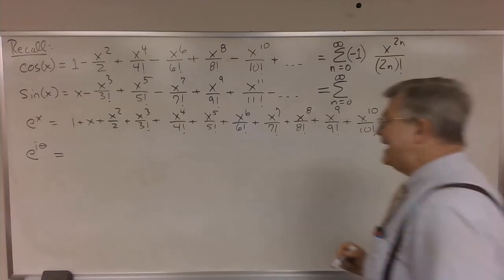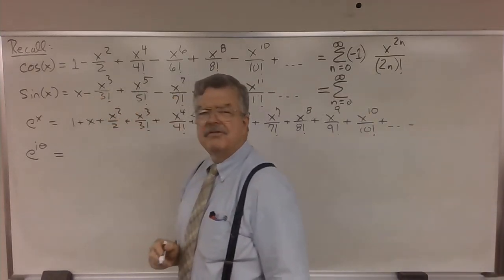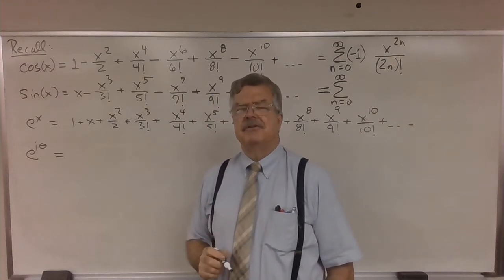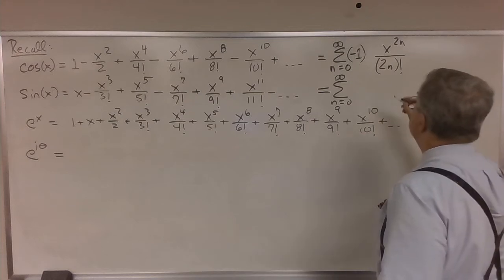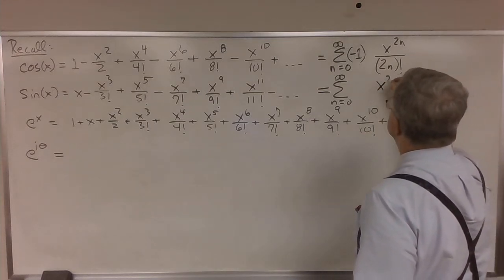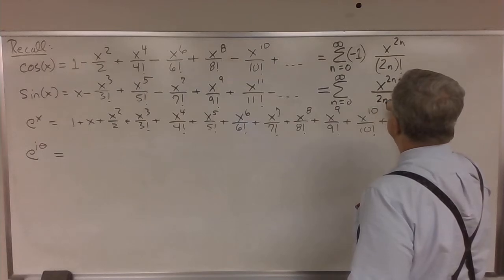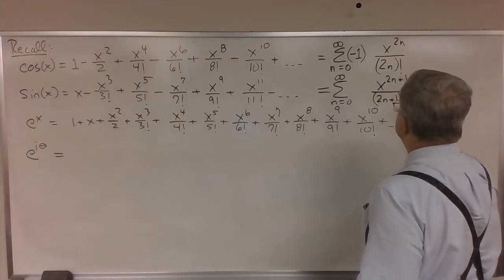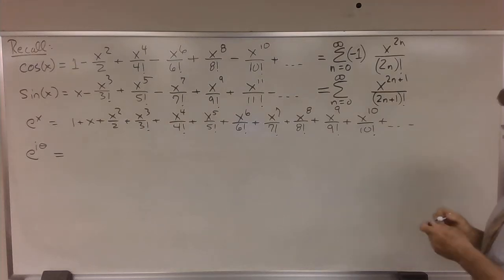And we have x to the odd powers. Well, let's see. Odd numbers are represented as 2 times n plus 1. Is that right? I think so. x to the 2n plus 1. And I'm going to guess 2n plus 1 factorial on the bottom. Let's see if we have it right.